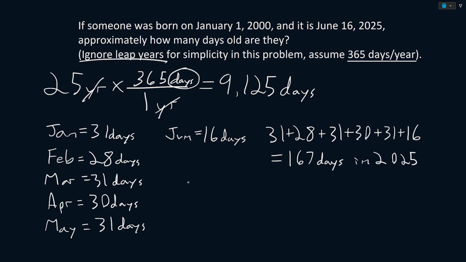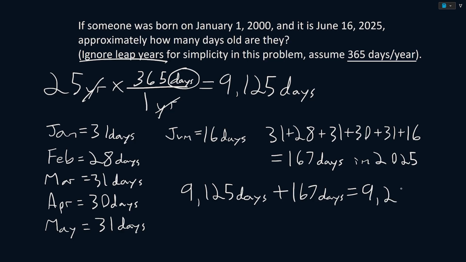So to calculate how many days old the person born in January 1st, 2000 is, we need to add together 9,125 days, the number of days it's been until 2025, plus 167 days, the number of days in 2025. This tells us that the person born in January 1st, 2000 is 9,292 days old.